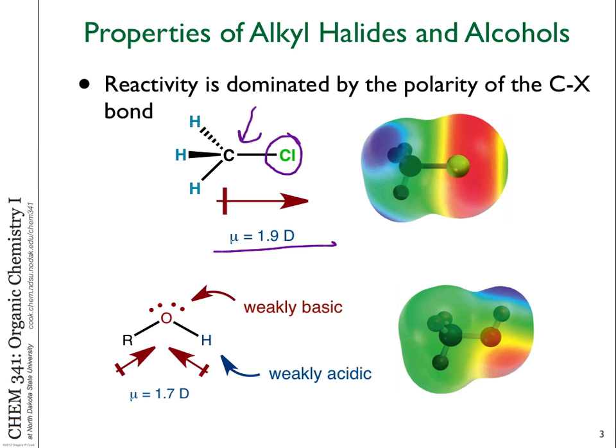You can see the electrostatic potential map, where the red is more negative charge and the blue is more positive charge. The end of the molecule by the carbon has more plus charge, and the end by the chlorine has more negative charge. So the chemistry that we talk about will be due to the fact that the carbon has partial positive charge.